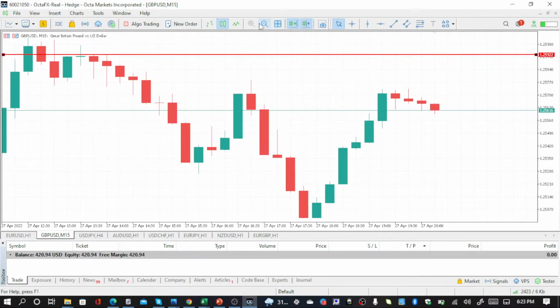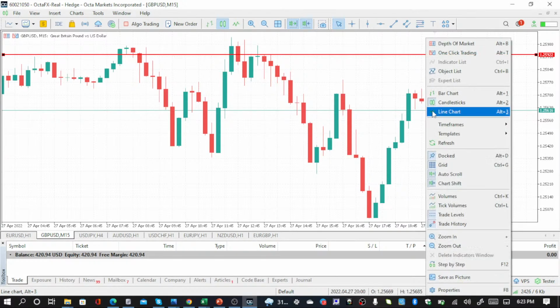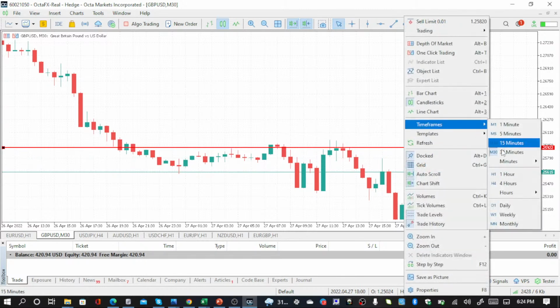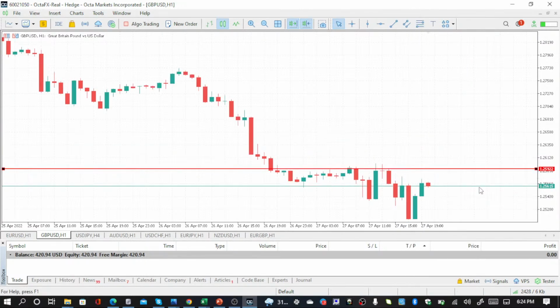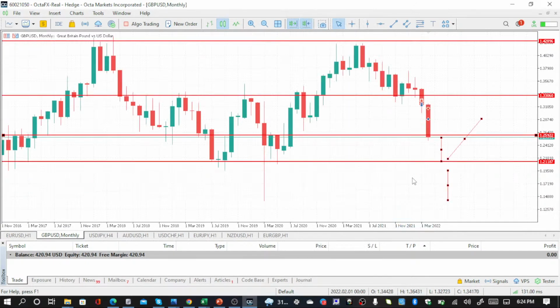This is the 15 minute candle, and you can see sell pressure already coming in. On the 30-minute time frame, you see sell pressure already coming in. On the 1 hour time frame, sell pressure is coming in as well. When you go to the monthly time frame, you know that there is still much room to the downside.